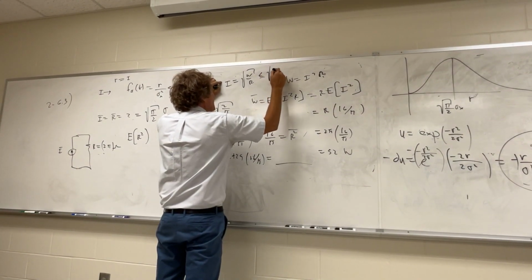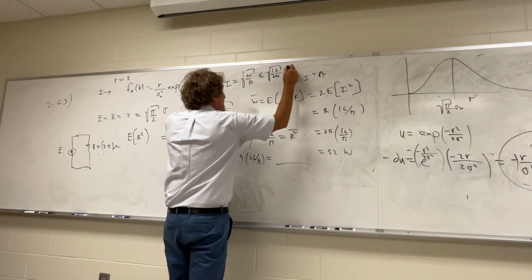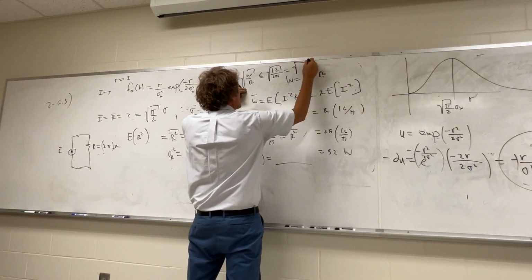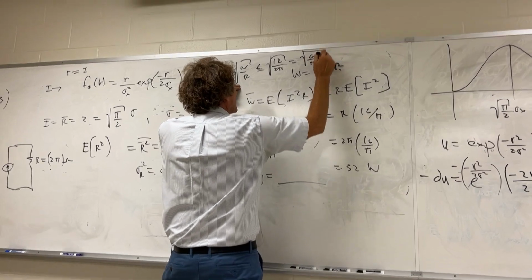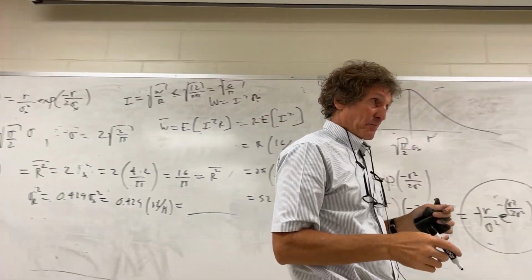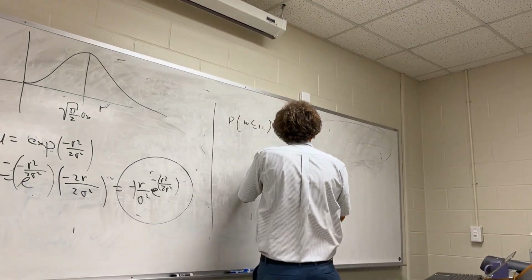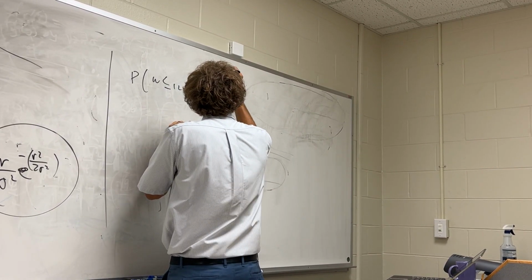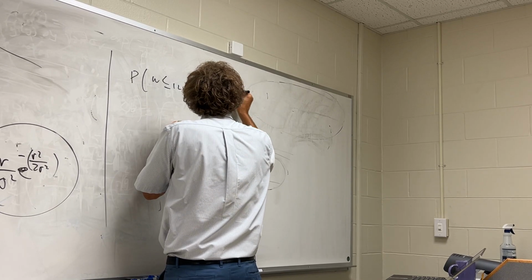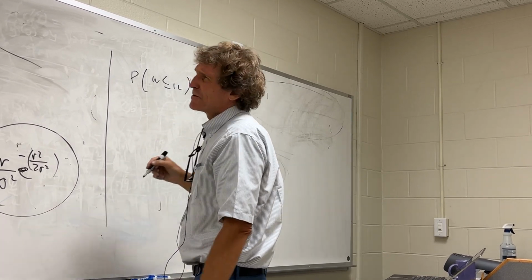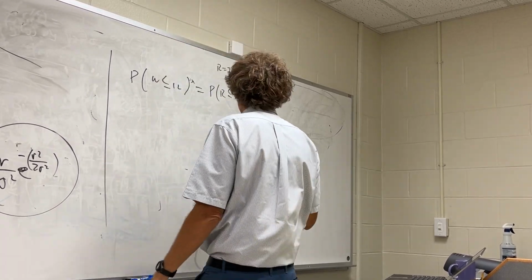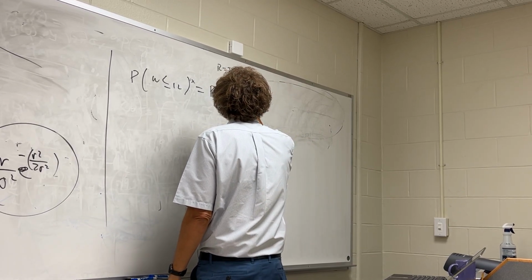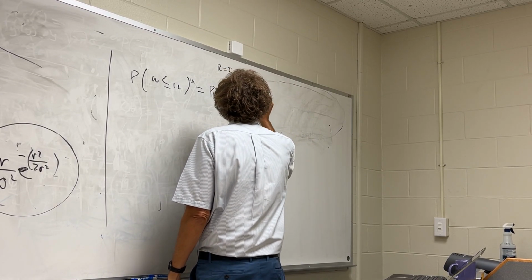Square root of 12 over 2 pi. And that's equal to what? Square root of 6 over pi. So it would be what? Isn't this the same thing as the probability of R? I'm going to use R instead of current because R equals I in this one. R is less than or equal to square root of 6 over pi. And what is that?